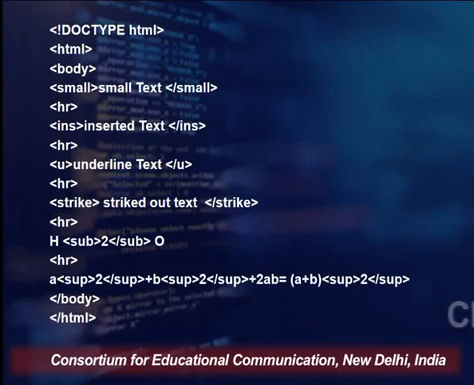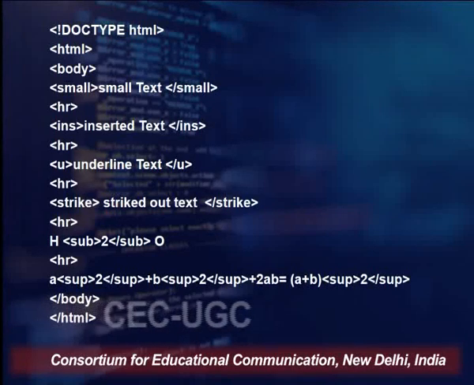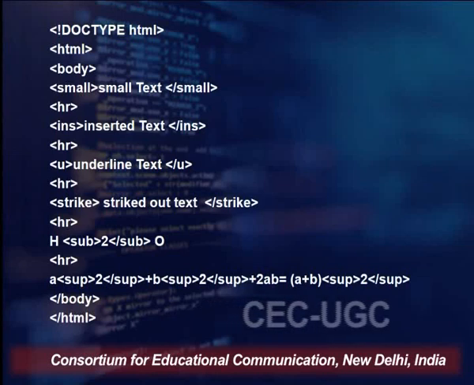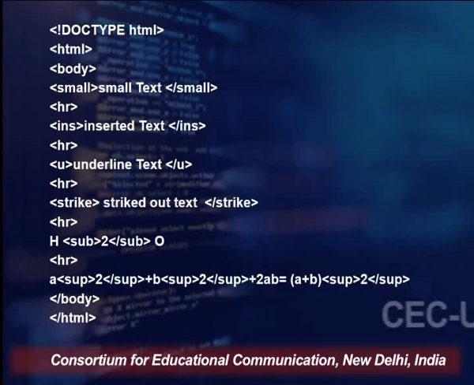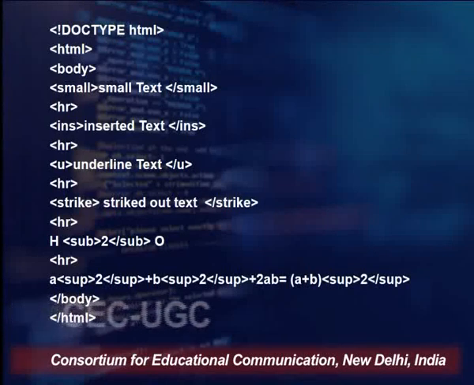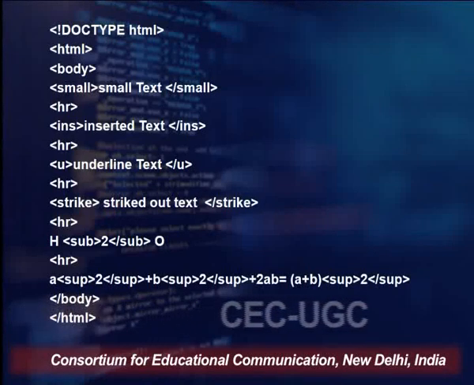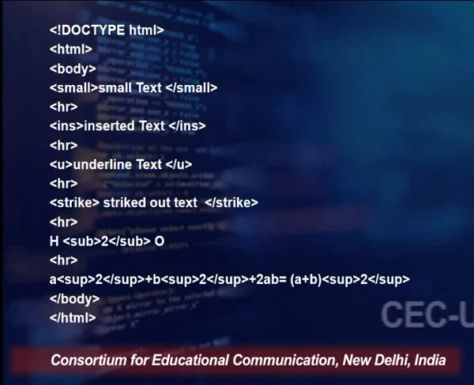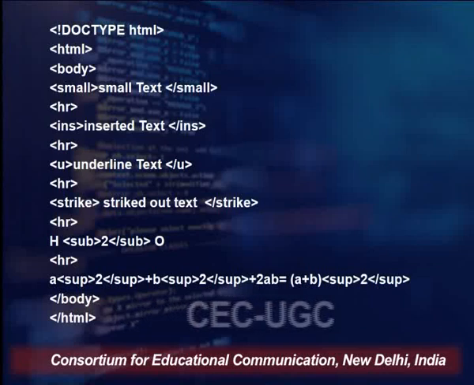Then we need to write a square. For that 2 of a square, we will be using superscript starting, then 2, and then superscript closing, plus b square, again with 2 in superscript opening and closing, plus 2ab, which is going to be very normal text.